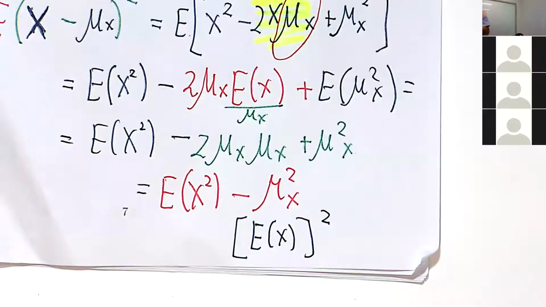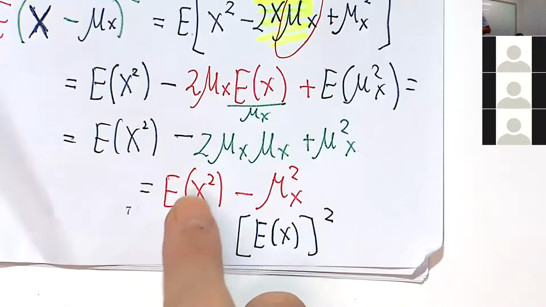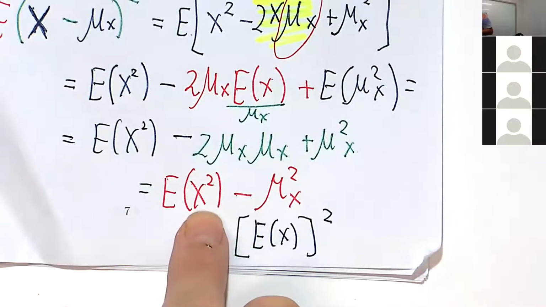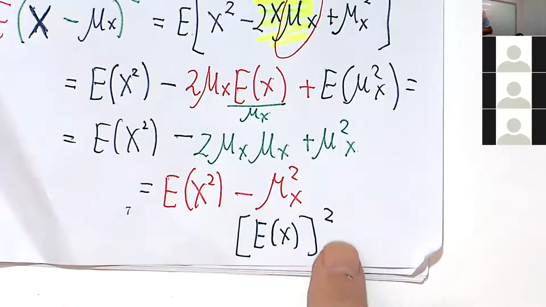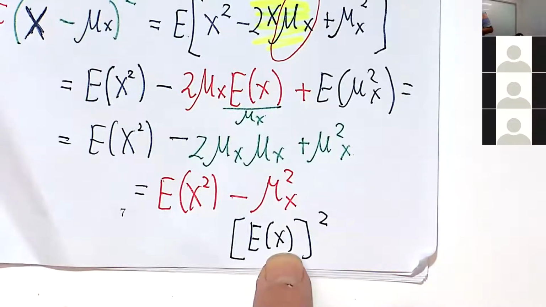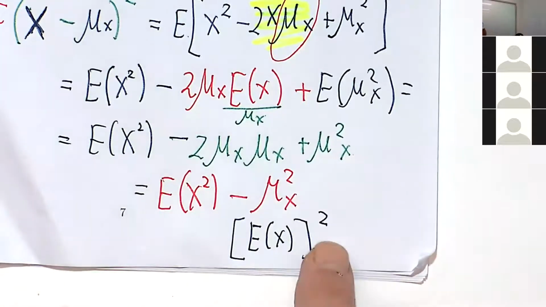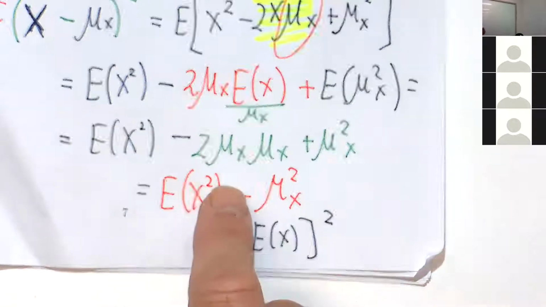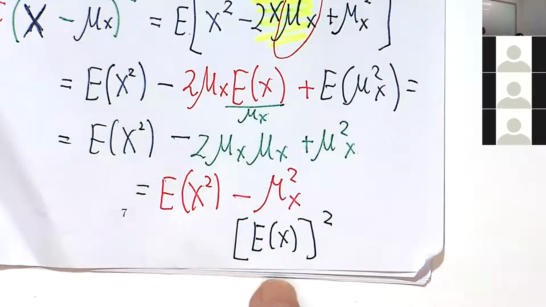Variance is expectation of the squared random variable minus squared expectation. So expectation of x squared minus squared expectation, minus mu squared. And we'll be using this formula many times from this moment onwards.